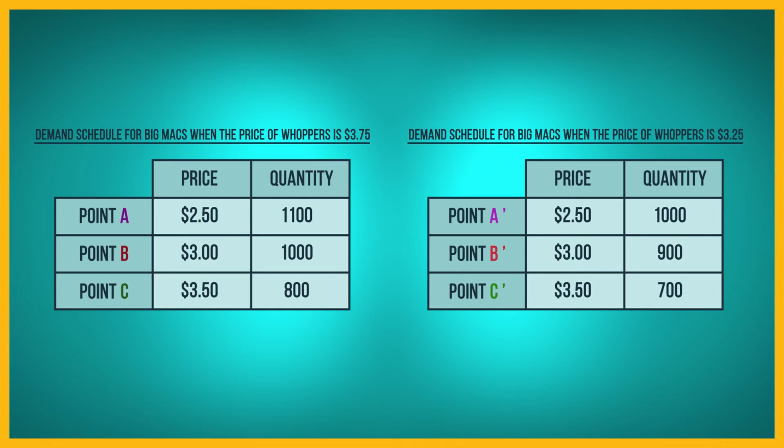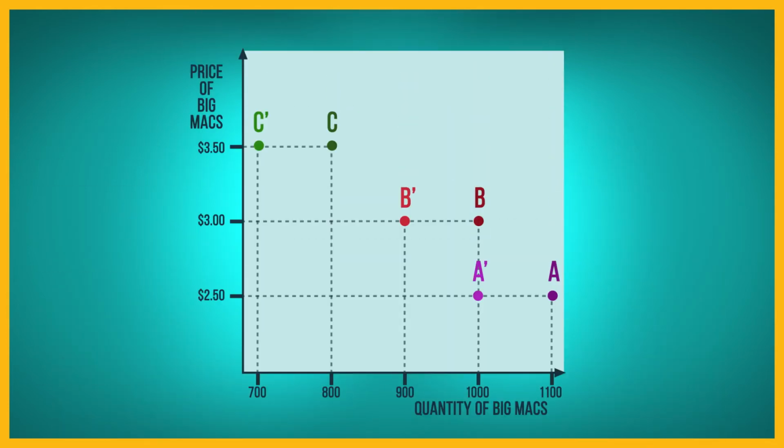The demand schedule for Big Macs when the price of Whoppers is $3.25 would look something like this. When we plot the two demand schedules, we see that the demand curve when the price of Whoppers is $3.25 lies to the left of the demand curve when the price of Whoppers is $3.75. When the price of Whoppers decreases from $3.75 to $3.25, points A, B, and C move to the left.